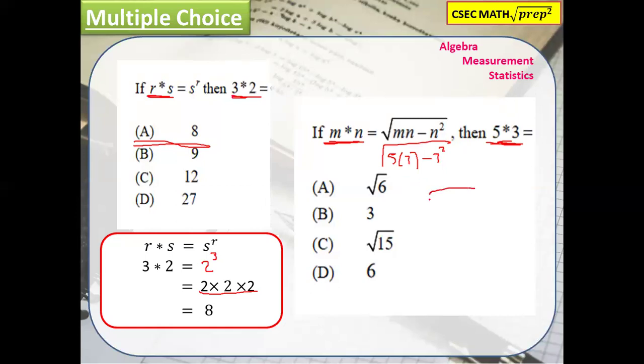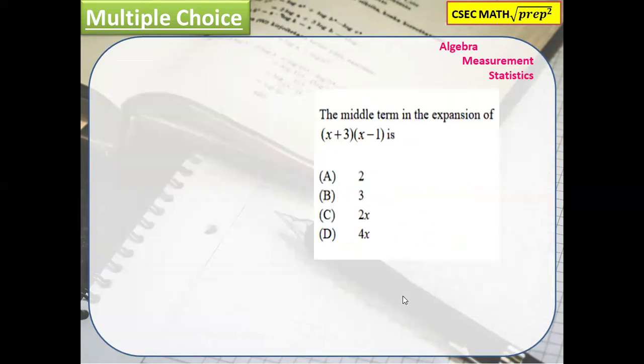And that's 15 minus 9, which is the square root of, when you subtract these, 6. But the square root of 6 is not a whole number, so it's not 3, it's not 6, and naturally it's not 15. It's just this notation here, the square root of 6. Easy. If we had 9 under the square root, then the answer would be 3, the square root of 9.